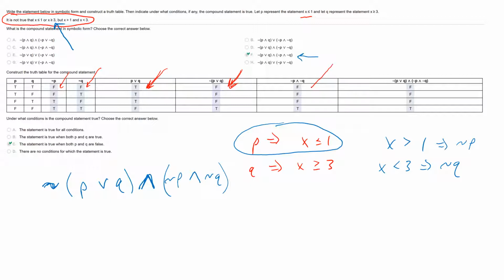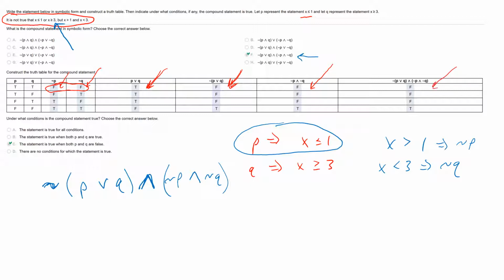The next column right here is not P and not Q. In order for that to be true, not P and not Q need to be both true. But back over here, we see that actually neither one of them is true. They're both false. Not P is false, not Q is false. So in order for not P and not Q to be true, they both have to be true.